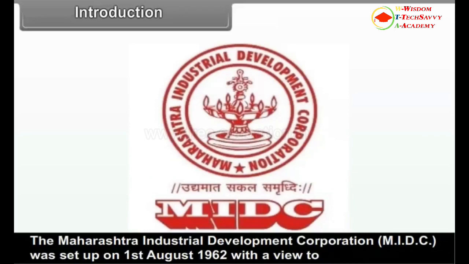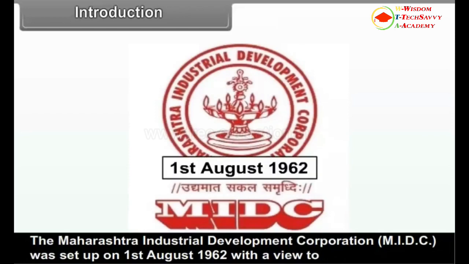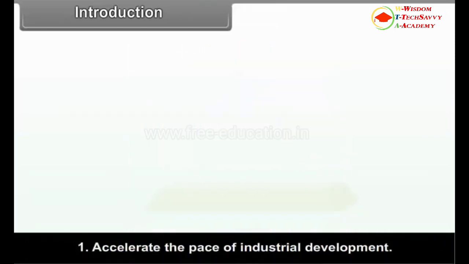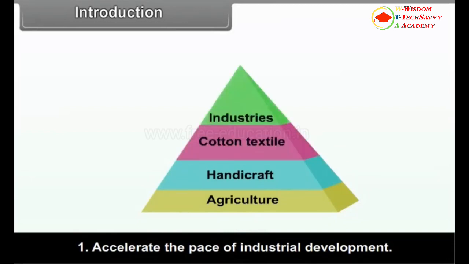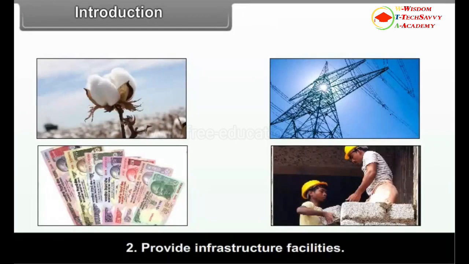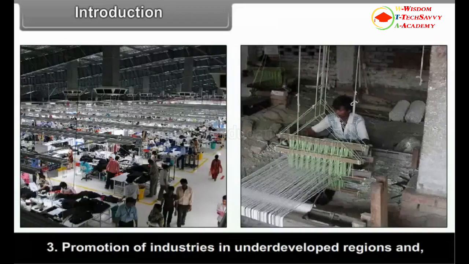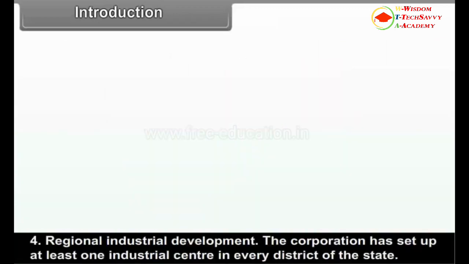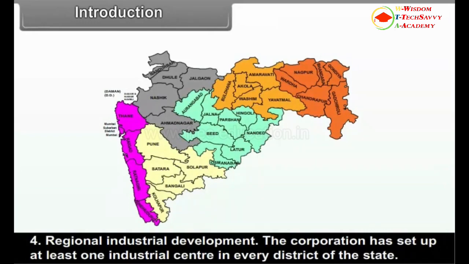The Maharashtra Industrial Development Corporation (MIDC) was set up on 1st August 1962 with a view to accelerate the pace of industrial development, provide infrastructural facilities, promotion of industries in underdeveloped regions, and regional industrial development.